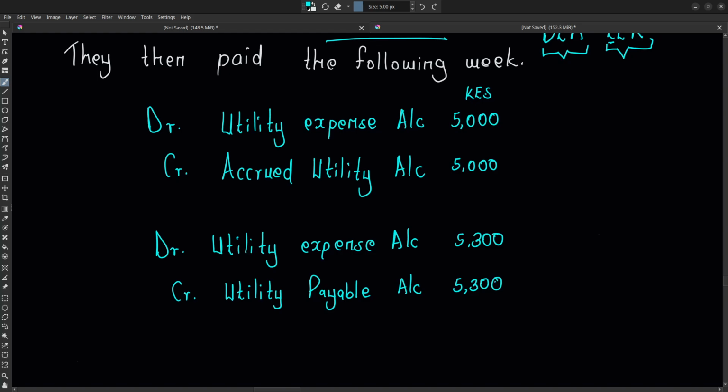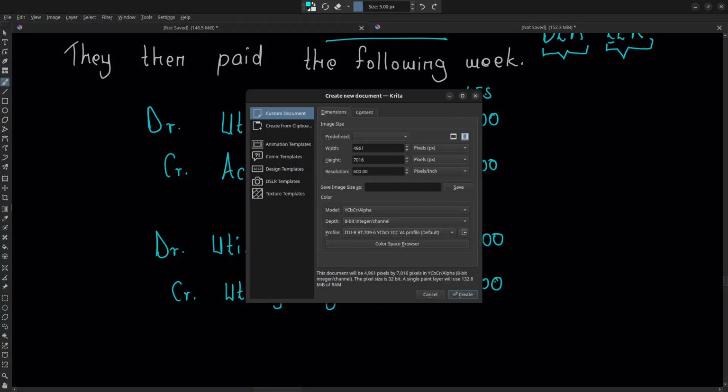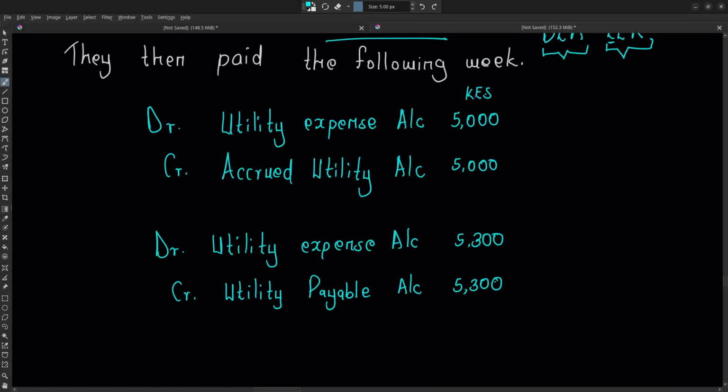I'll just do it below here to show the T account. Let's focus on the T account for utility expense. Here we have debit and we have credit.